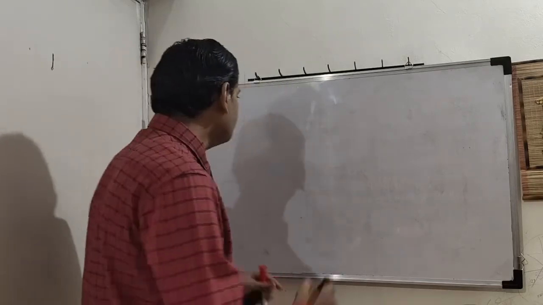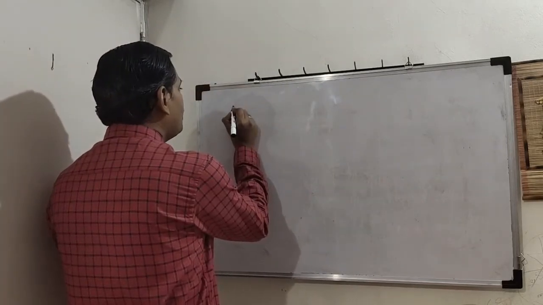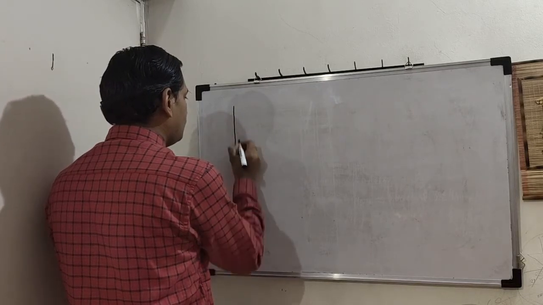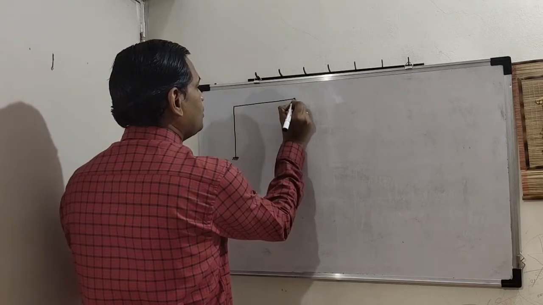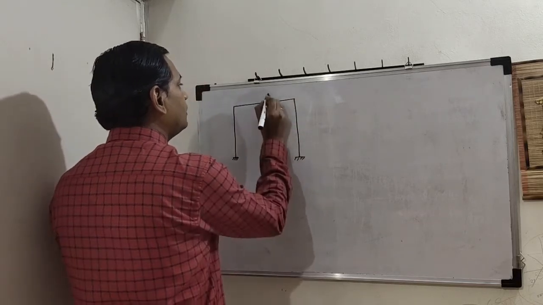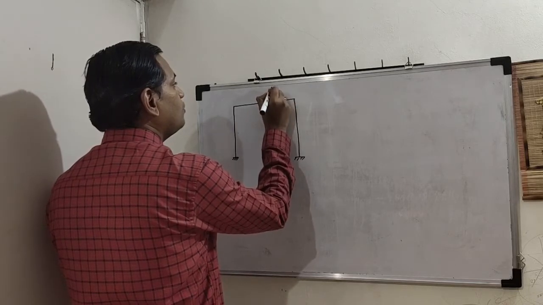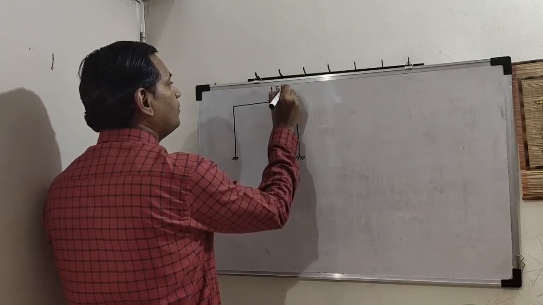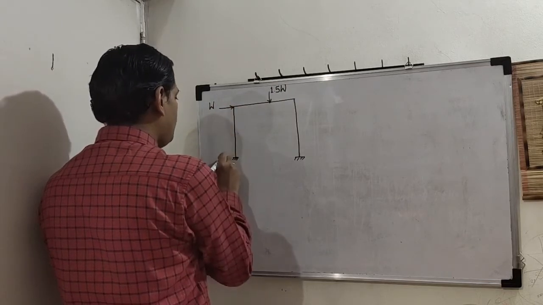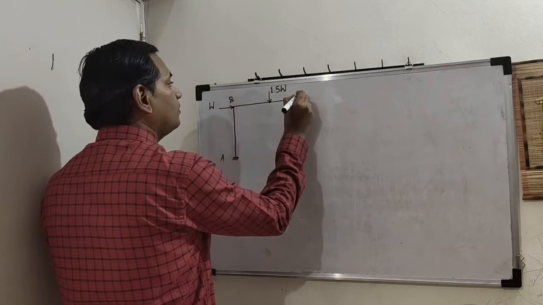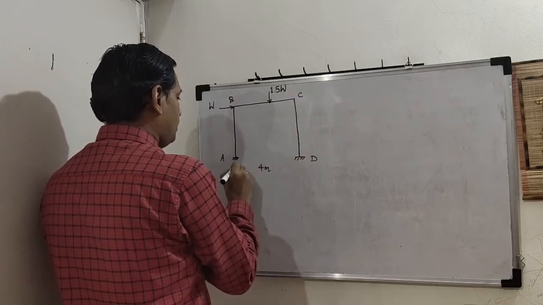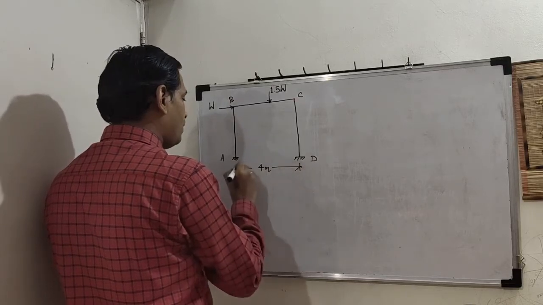Here is one single bay single story frame, which is subjected to one eccentric load on the beam, which is here. We shall assume this is 1.5 times W, and the load on the joint of beam and column is W. 4 meter is the bay, and height of column we shall assume 3 meters.